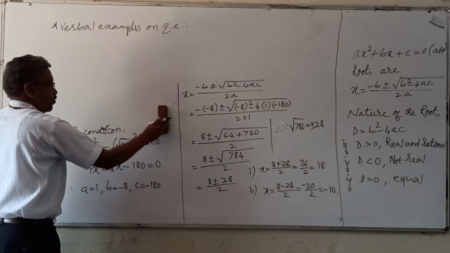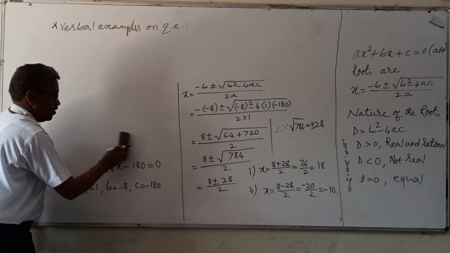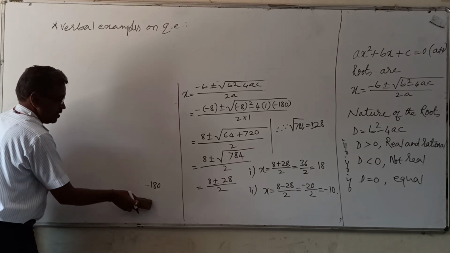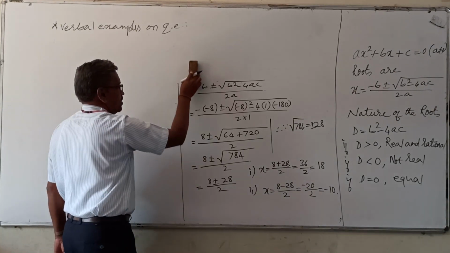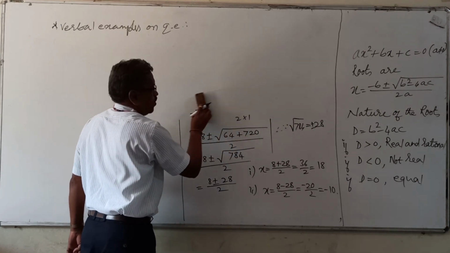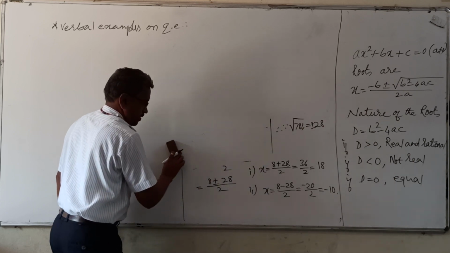Here the important point is relating the terms, how they are related. Then once the relation comes, try to put it in standard form. Then apply the factorization method or formula method.